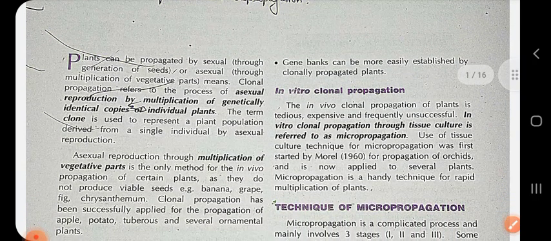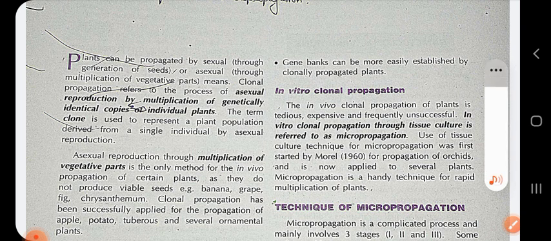So plants can be propagated by sexual means, that is through generation of seeds, and at the same time they can also be generated asexually by multiplication of the vegetative parts of the plant.